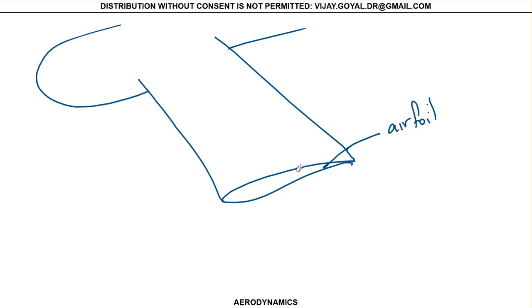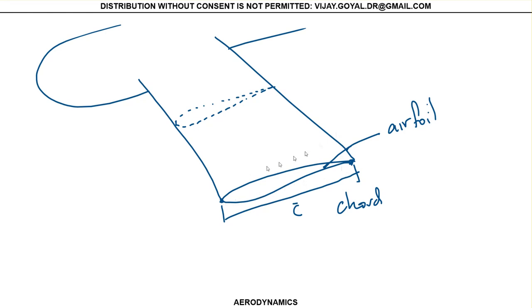I can make a section cut, a small section cut anywhere. That's the airfoil. The distance from the leading edge to the trailing edge, this total distance, is typically called C. This is the chord, and we can say this is the mean chord of the entire aircraft.